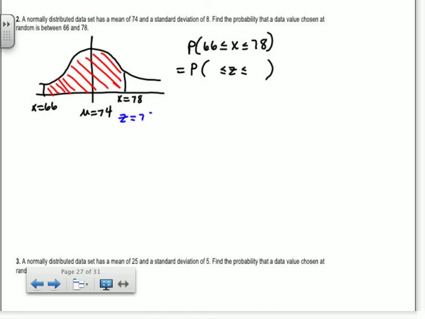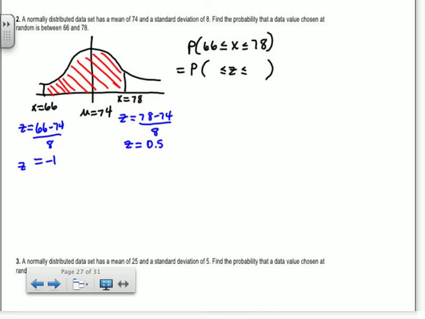So my z is going to be x minus mu all over standard deviation, which is 8. On the right, this z-score is 4 over 8, which is 1/2, so 0.5. And on the left, I have 66 minus 74 all over 8, so that's -1. So those are the values we're finding on our chart.